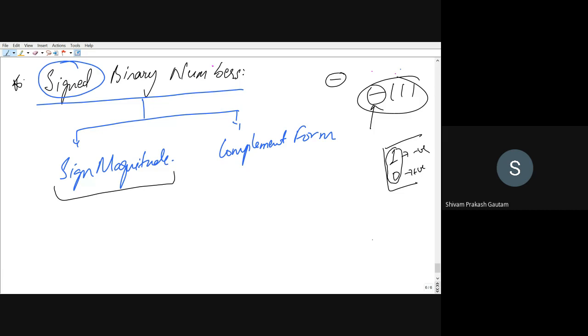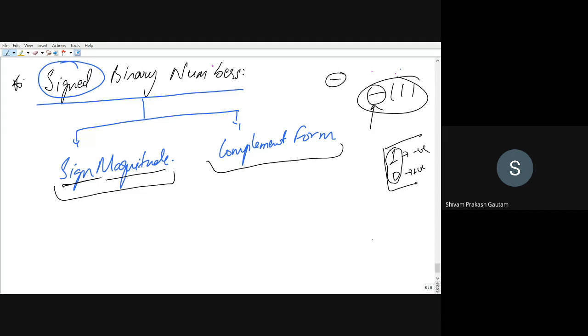The purpose of that digit is only to represent the sign; it will not count in the magnitude. So 1 bit we will use as sign and the rest of the bits as magnitude.